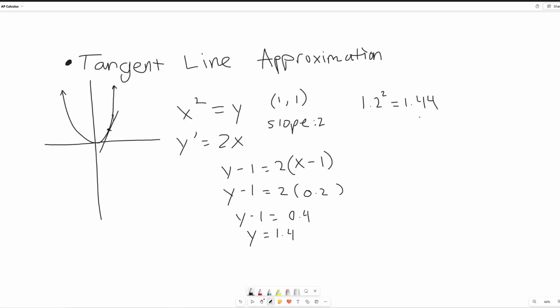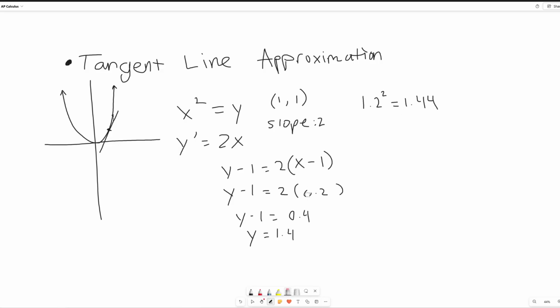So for instance, if you were to approximate 1.1 or 1.05 or anything closer to 1 than 1.2, you would get a better estimate to the actual value than what we just got right here. However, the further you go away, as you would imagine, the worse the estimation gets.